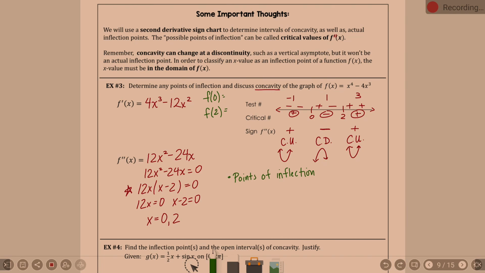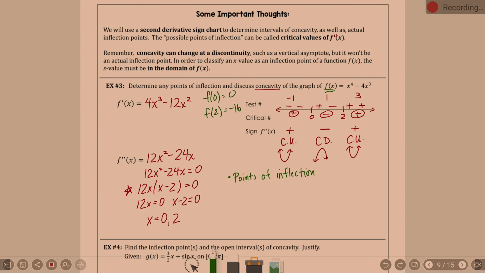Which f of 0 is easy, yes? 0. 0 minus 0. And again, these are originals, yes? 2. 2 to the 4th is 16. Minus 4 times 2 to the 3rd. 2 to the 3rd is 8. 4 times 8 is 32. 16 minus 32 is negative 16.